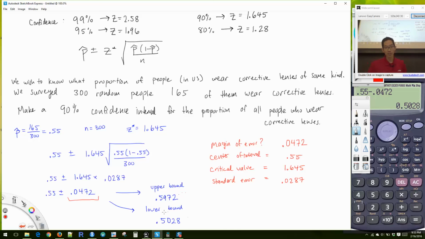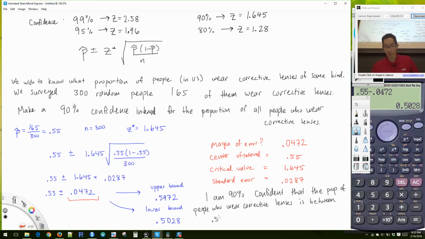This is our upper bound, this is our lower bound. And I would write something like, I am 90% confident that the proportion of people who wear corrective lenses is between 0.5028, so basically 50%, and 0.5972, 60%.